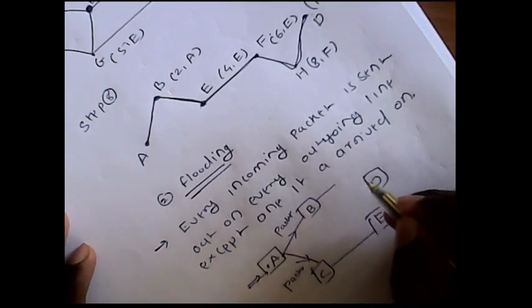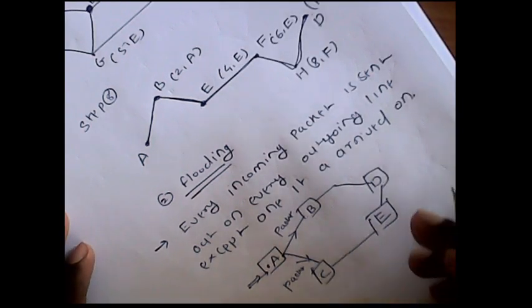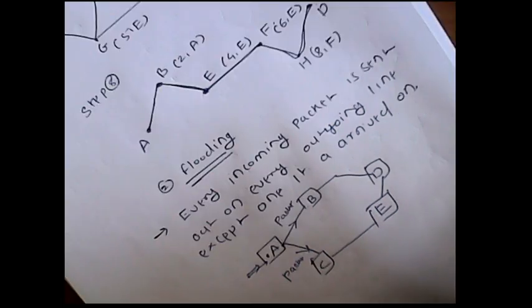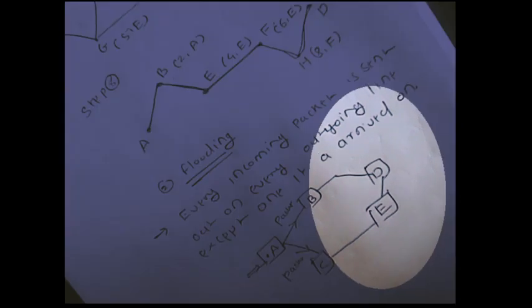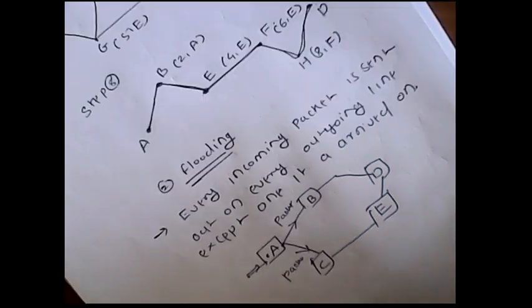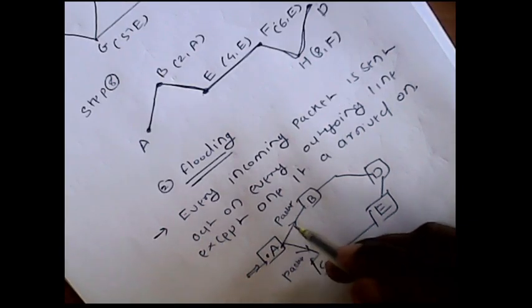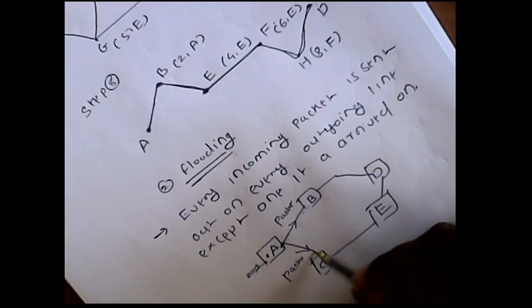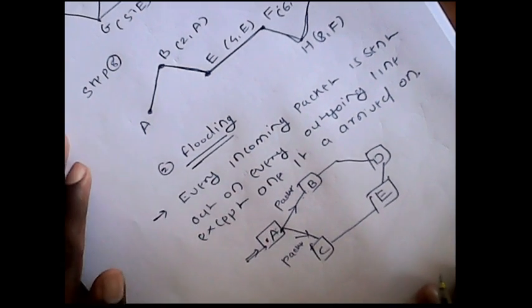Similarly to this, so this is the concept of flooding. Flooding says that every incoming packet is sent to every outgoing line. So when a packet arrives at A, there are two possible lines, so the packet will be sent on line B and on line C. But except the line the packet arrived on, do not send the packet back on it.